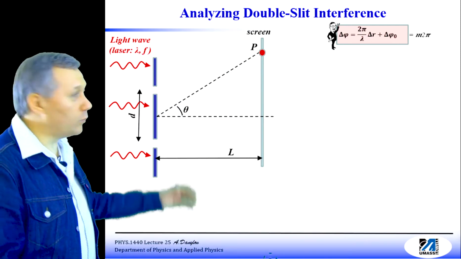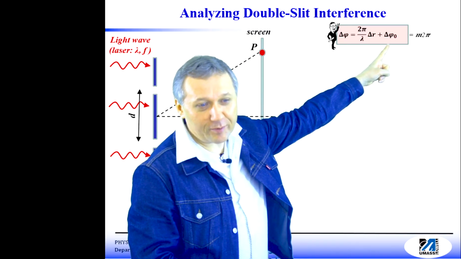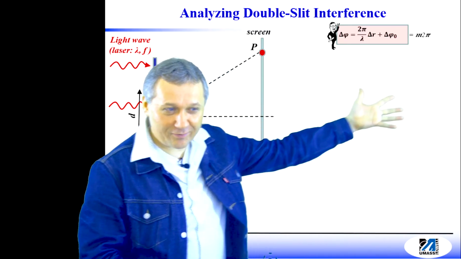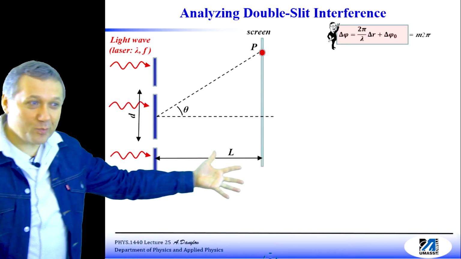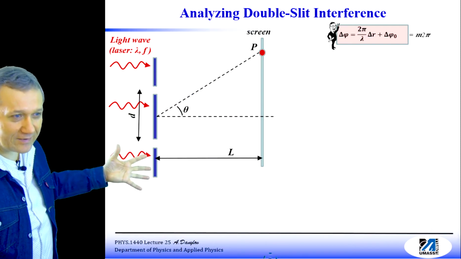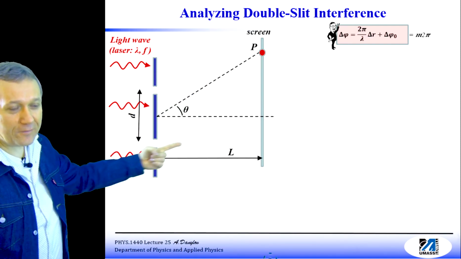Okay, so now what can we say about, let's start with delta phi naught. I already mentioned it a few minutes ago, the inherent phase difference. What's the inherent phase difference? It's obviously 0, because we take basically the same light and split it, creating two fake lights.